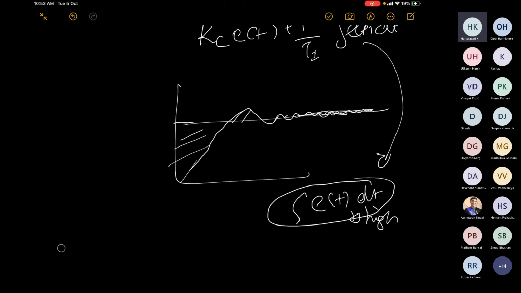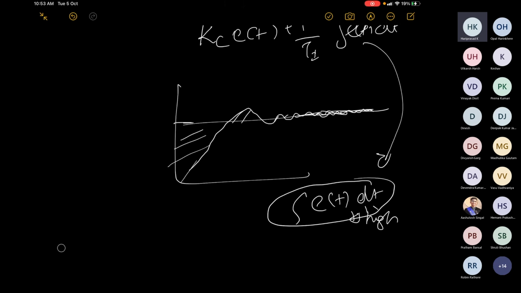As a result, the residual integral term happens to be a very, very high amount. So your controller would be very active even if you need to take a small correction.